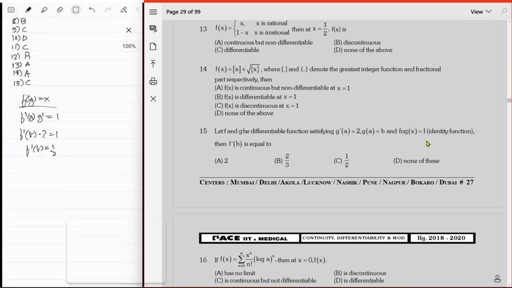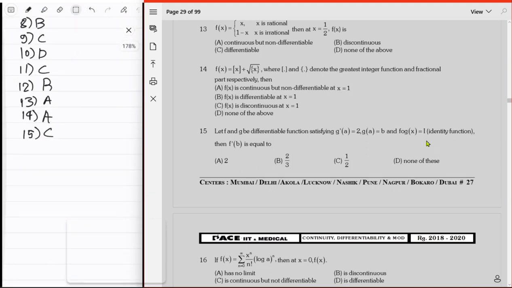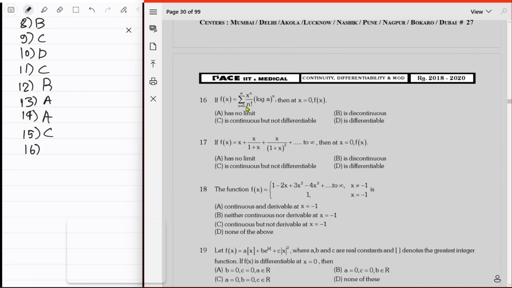16th. If f is equal to this sum from n equal to 0 to infinity of x power n upon, have I seen that? It's just e power. Okay, that is not something I've seen. Natural log of a to the power of n. It's like this thing, x natural log of a, that to the power of n upon n factorial, right? That's the general term.